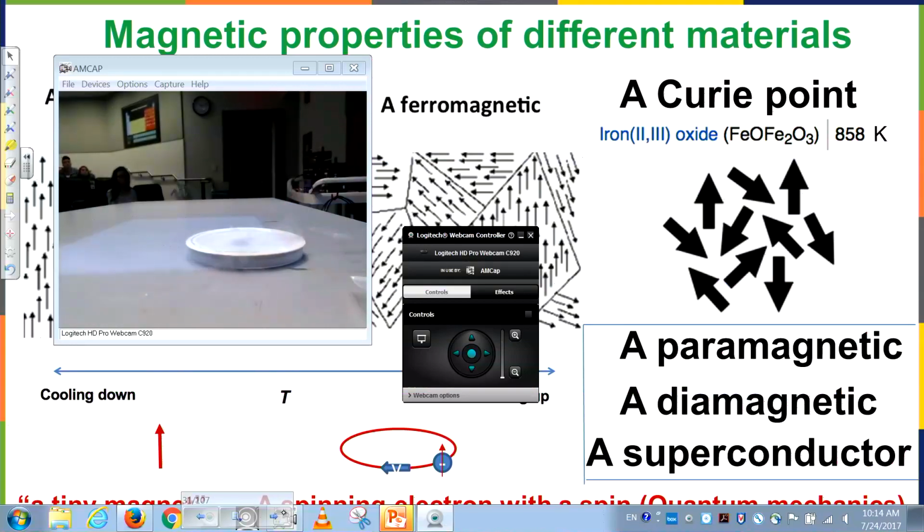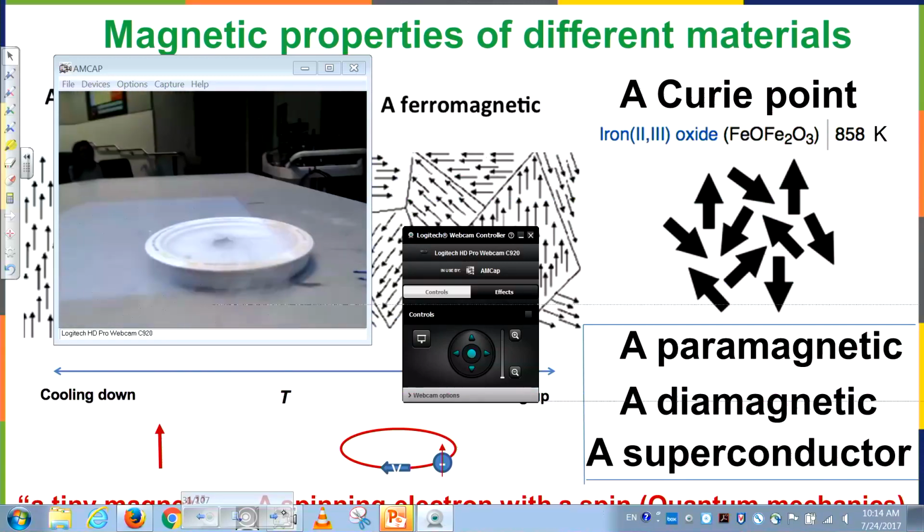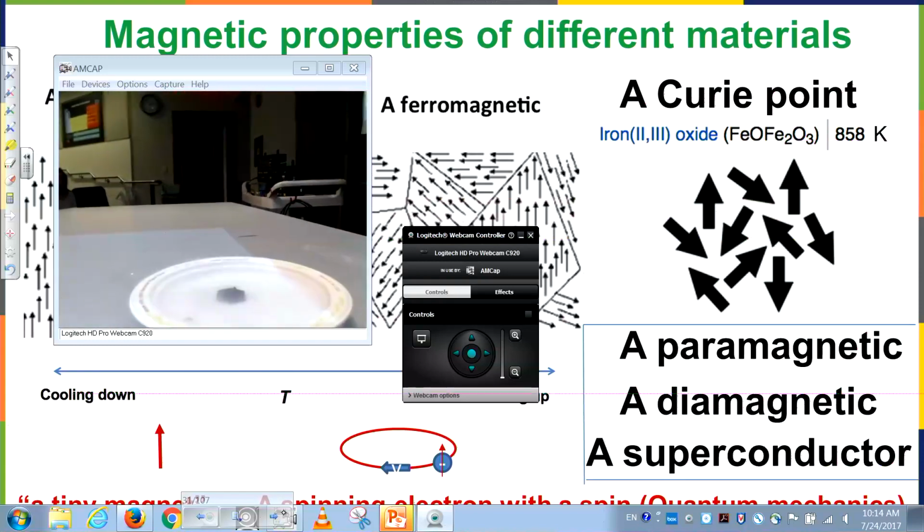I can even spin it, it spins. Okay, you can see how it spins.